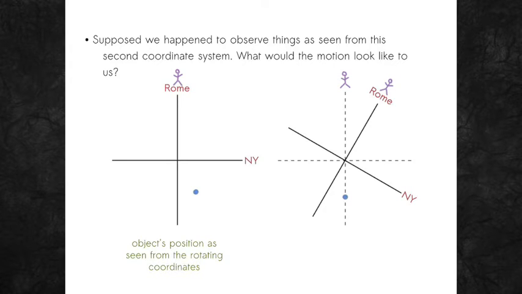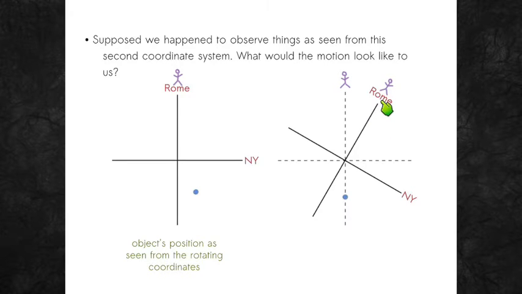So to be clear, what we're going to do is look at the right-hand side, the same thing we looked at before, and try to map out where this interstellar object flying by the Earth is relative to the Rome-New York coordinate axes.